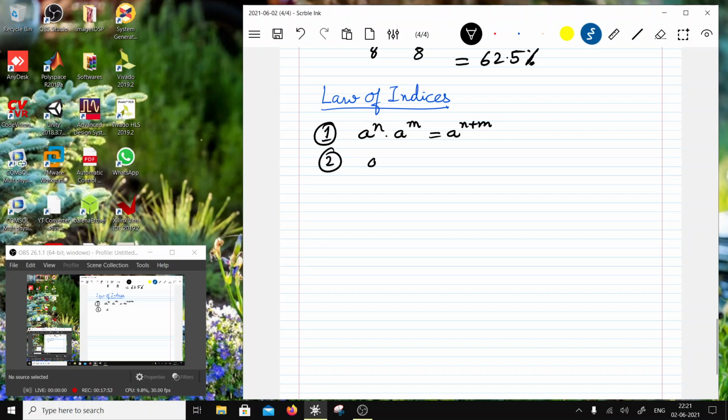Second, if I have a raised to n and then I again raise it to the power m, then this will be a raised to n into m, right? Third thing, if I have a raised to 0, that will be 1. Fourth thing, if I have a raised to minus n, this will be the same as 1 over a raised to n, right?